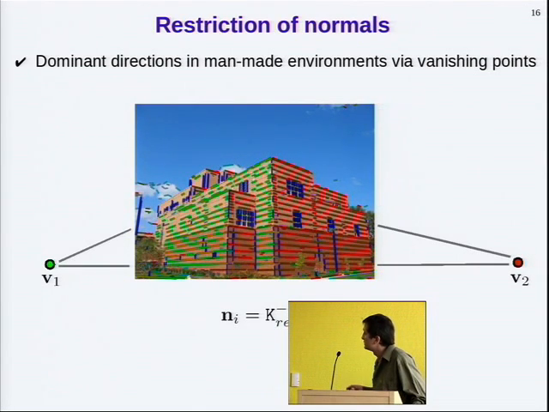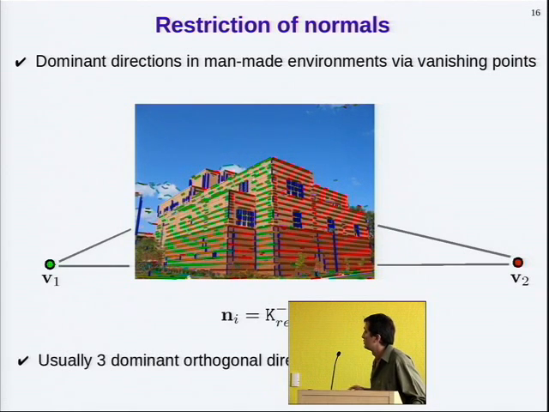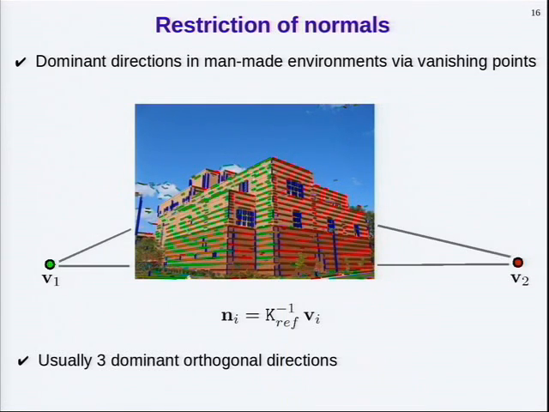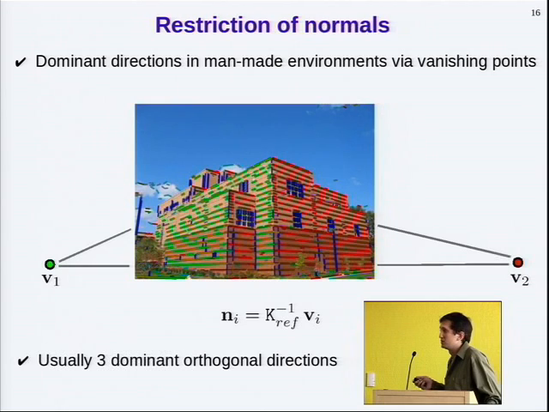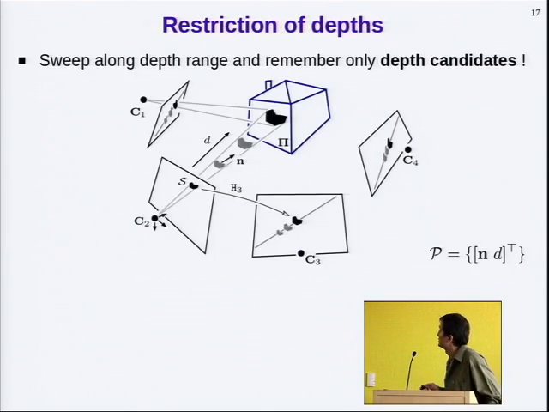And from this, since we have a calibrated camera, we can directly compute our normals. Usually there are 3 dominant orthogonal directions in the standard scenarios. The method I'm going to speak about is not restricted in the number of normals, but usually we operate only on 3, and it's a sufficient assumption, which can be easily augmented by an arbitrary number of normal directions.